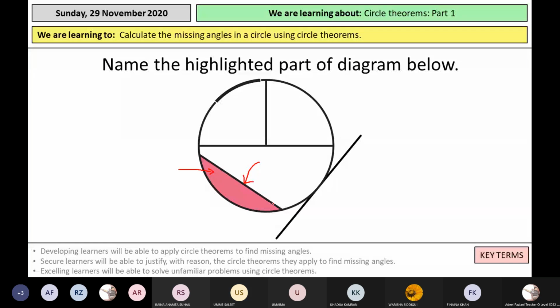And the chord divides the circle into the minor segment and the major segment, right? The shape which is shaded below the chord is said to be a minor segment, right? And the major segment is the unshaded region. Anyways, you need to understand the line that is a chord. Okay. All right.